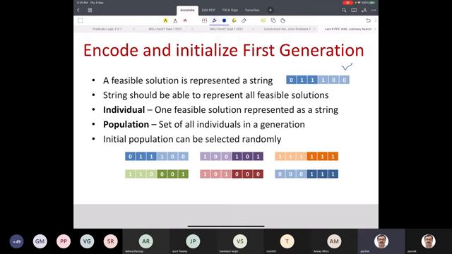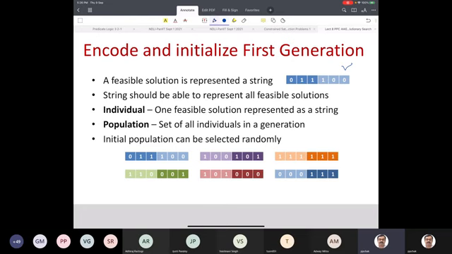And if you assign 0 and 1, you first see whether it is a solution or not. If it is not a solution, then obviously you will assign it a poor quality fitness value. And if it is a solution, then you know what the cost is. So you can define a string to be a solution, and each individual string is a solution. The solution may be valid, the solution may not be valid.